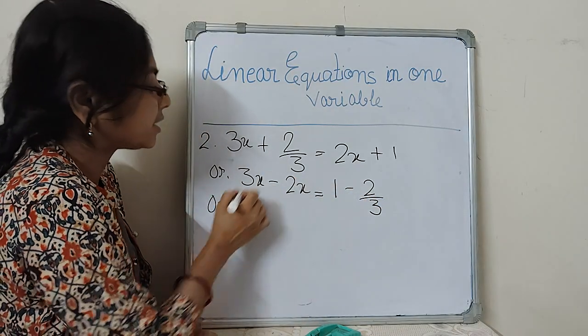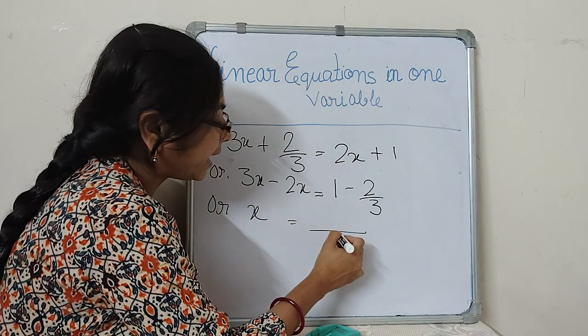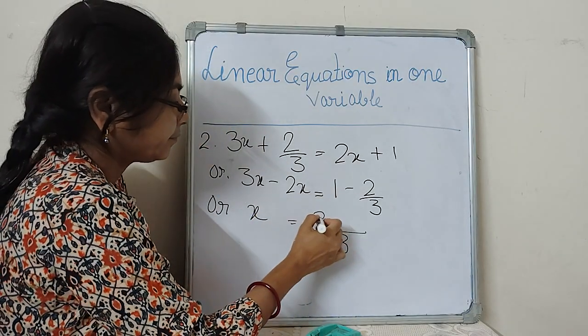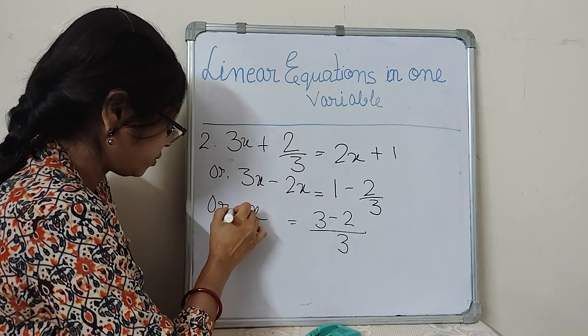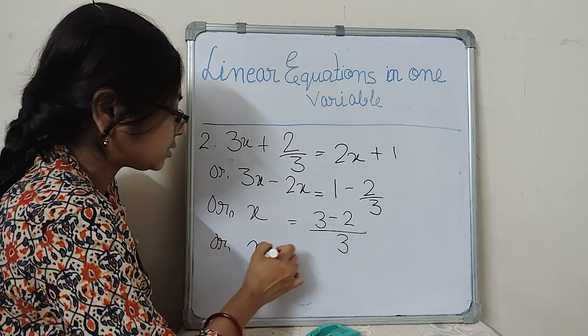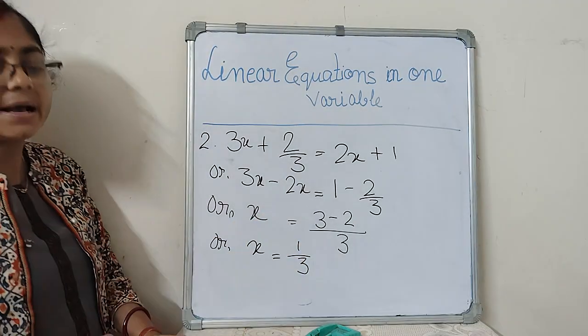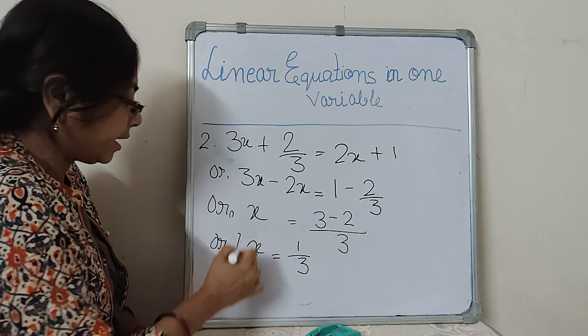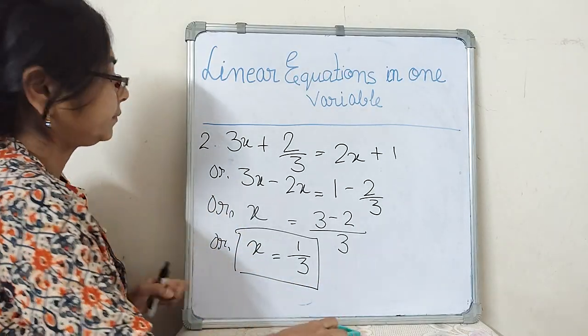Accordingly, 3x minus 2x means x. And how do I do it? You take the LCM 3. 3 minus 2, so x is equal to 1 by 3. It is our answer. Clear?